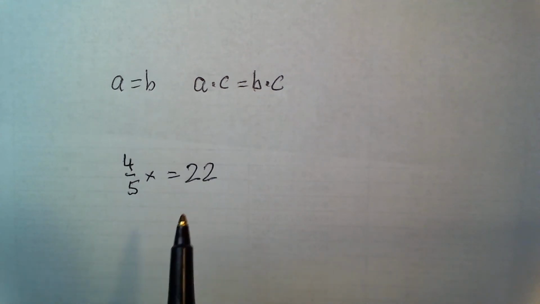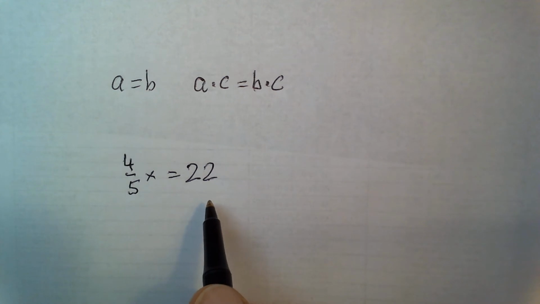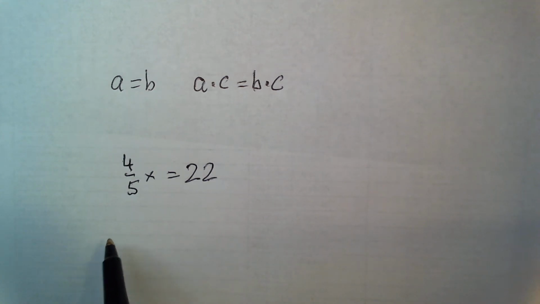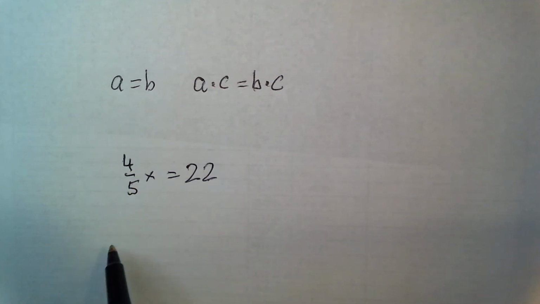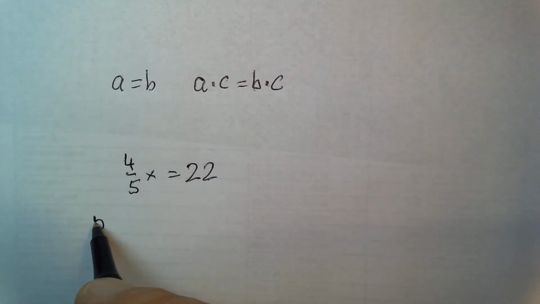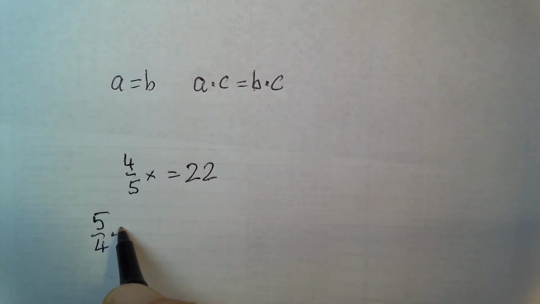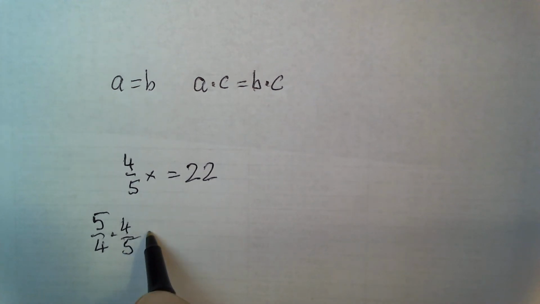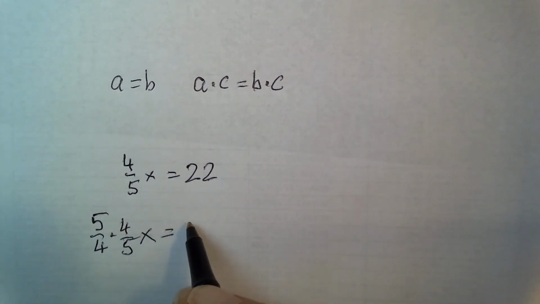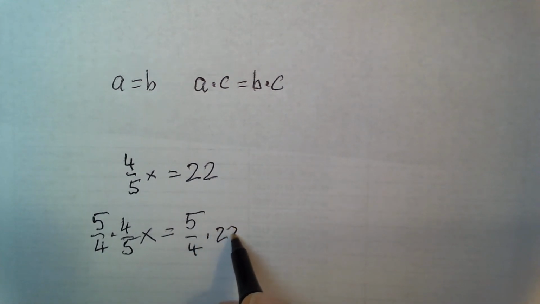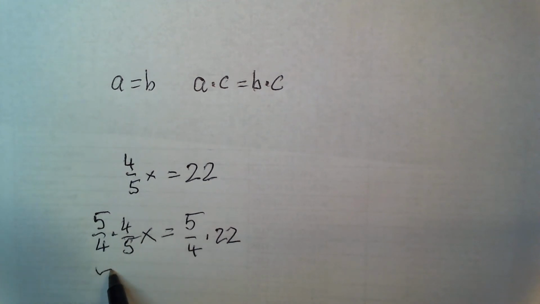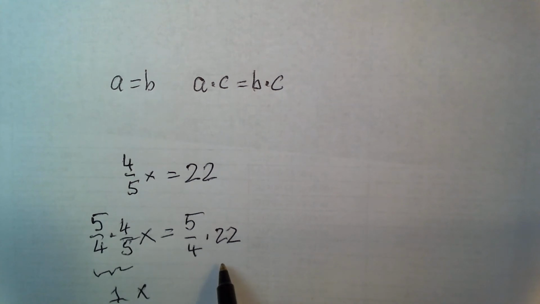So let's look at the equation 4/5 x equals 22. The best way to approach this one is to multiply the left side, and of course the right side as well, by the reciprocal of 4/5, and the reciprocal of 4/5 is 5/4. So if you multiply the left side by 5/4, we need to multiply the right side by 5/4 as well. A number times its reciprocal, the product is always equal to 1. So we have 1x equals 5/4 times 22.